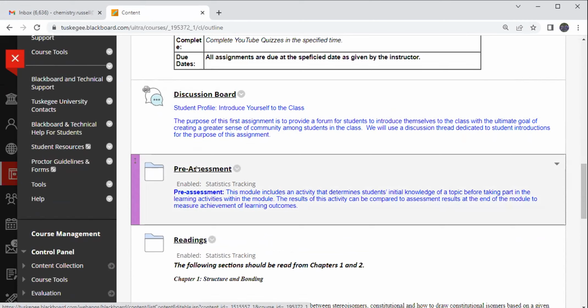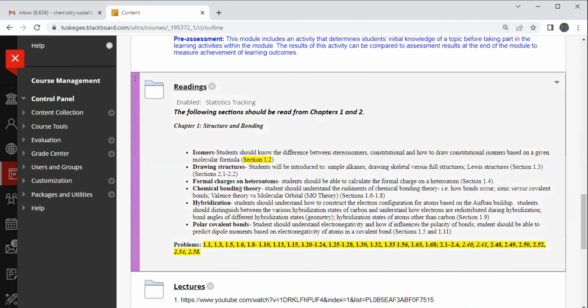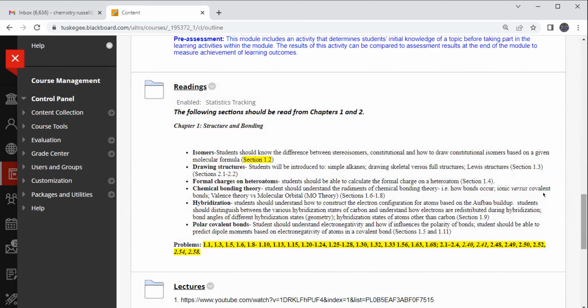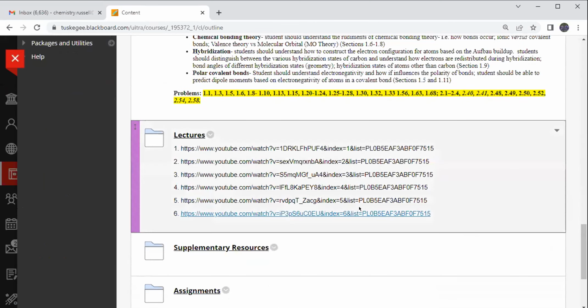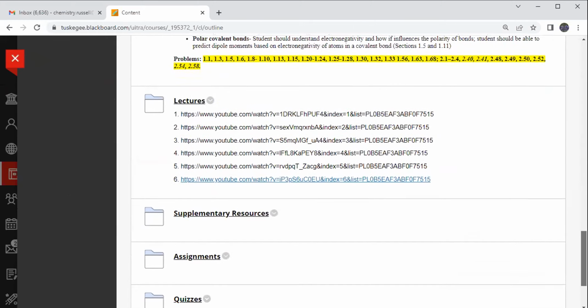You click it, you just take it. Don't worry about studying for it. Don't worry about what you get wrong. It's just a pre-assessment to see how much of this information you already know. The reading is the same as the learning objectives. It just tells you what section in the book. And again, this is based on the 3rd edition. Lectures are the same as what to watch, so there's nothing new here.